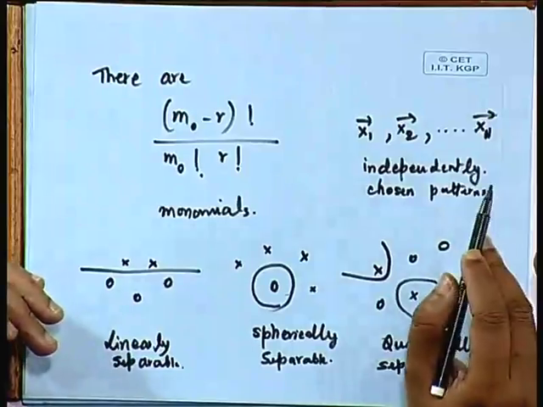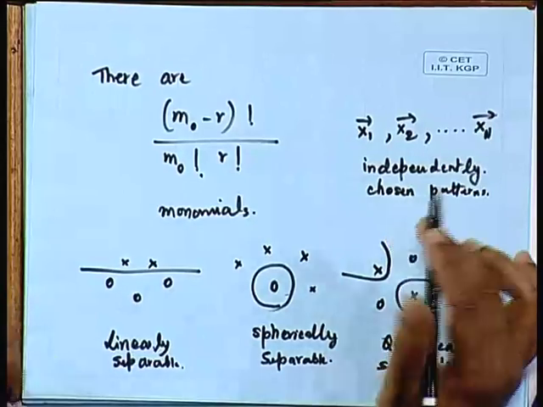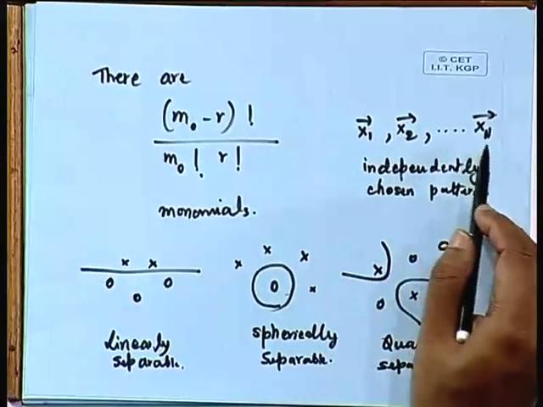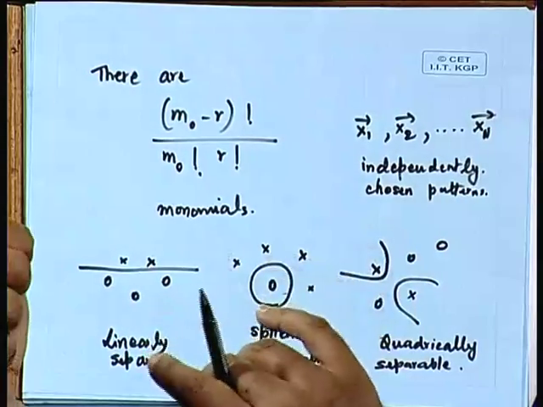Let me explain what I mean, because you should think over it. There are different patterns x1, x2, x3 up to xn, and they are independently chosen. Supposing you have decided to choose n such patterns. Given n patterns, various kinds of classifications are possible. In one of the cases, one pattern could be lying in the H1 class, few of the patterns are scattered in the H1 class, and some of the patterns are scattered in the H2 class.